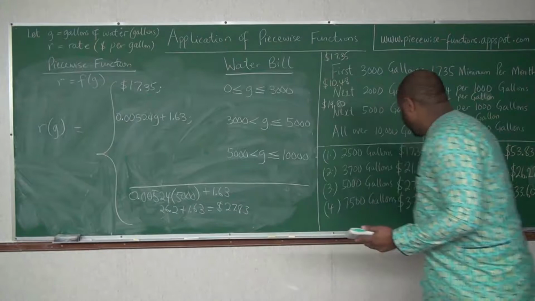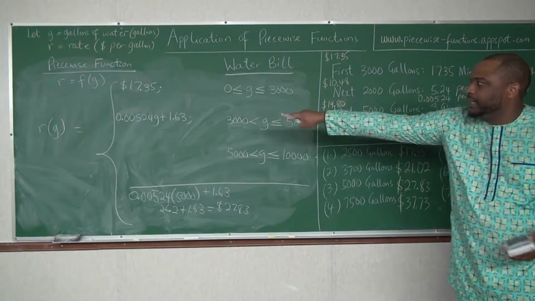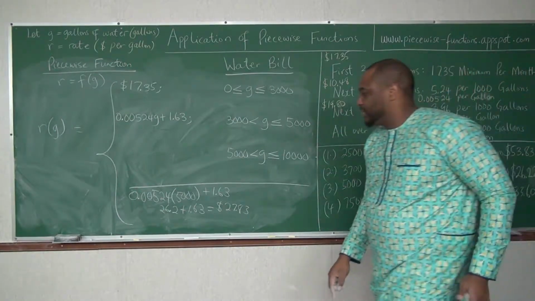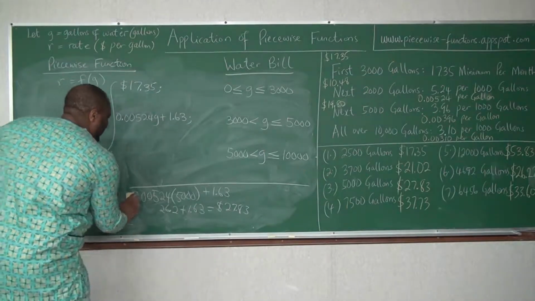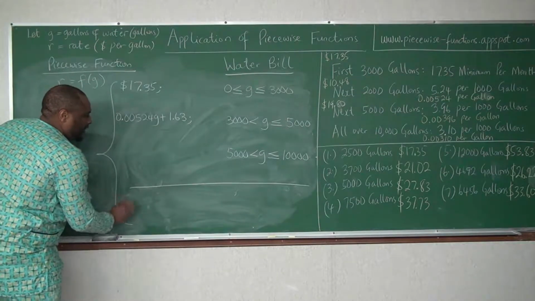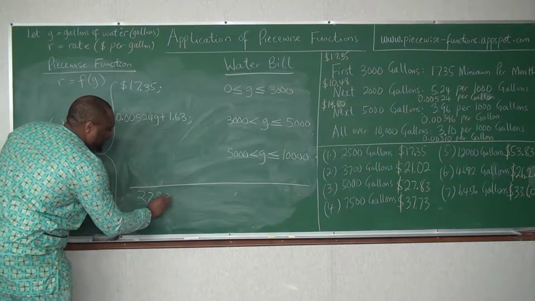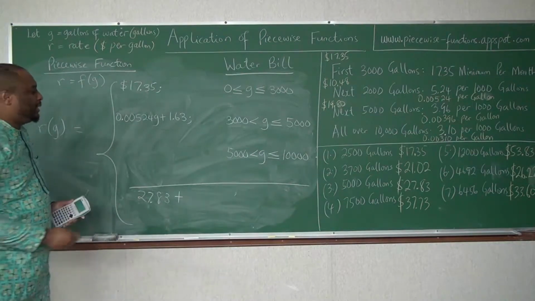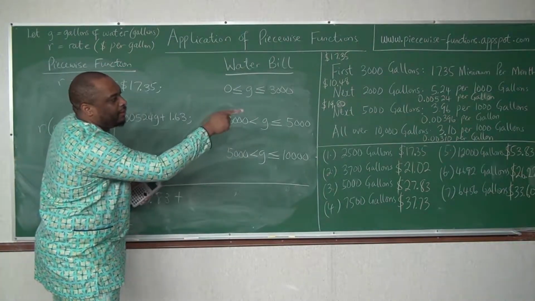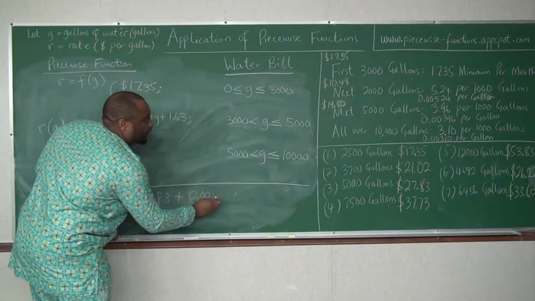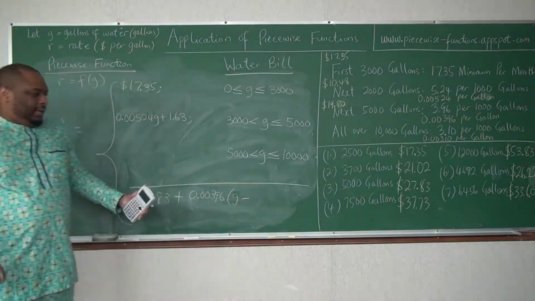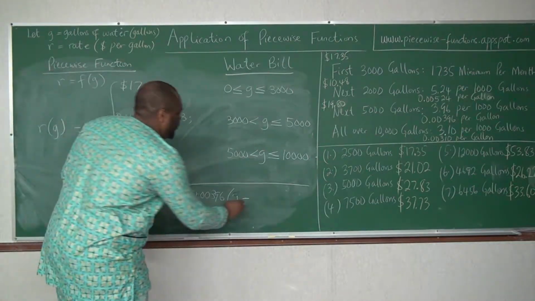You see, we have already verified this. 5,000, we've already verified it. So thank God this works. $27.83. So look at what I'm saying. You must pay $27.83 first, then plus 0.00396 per gallon over any gallon over 5,000.